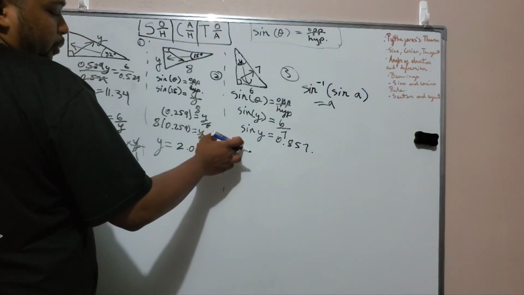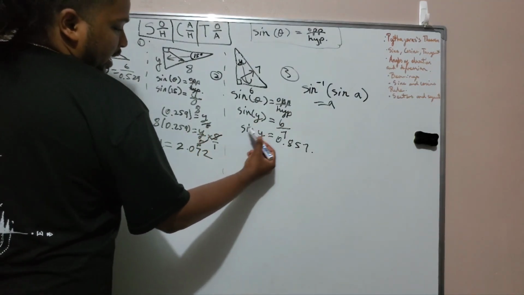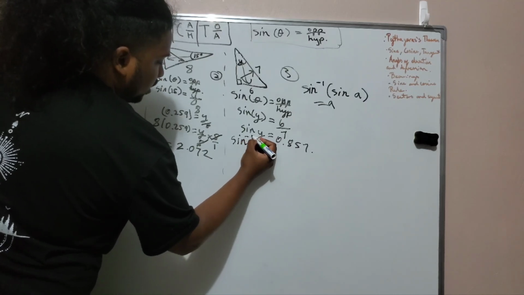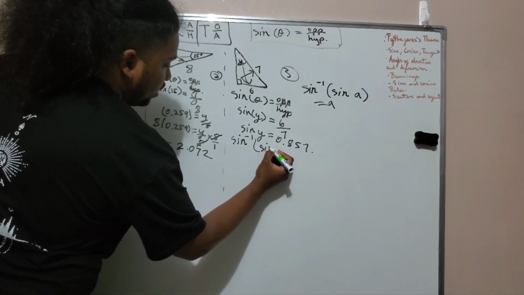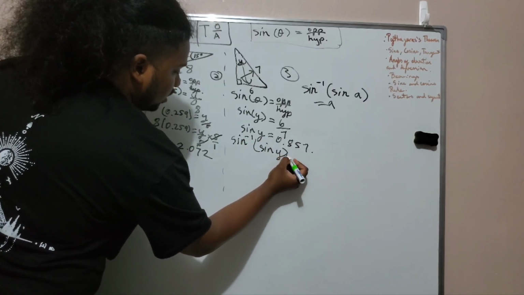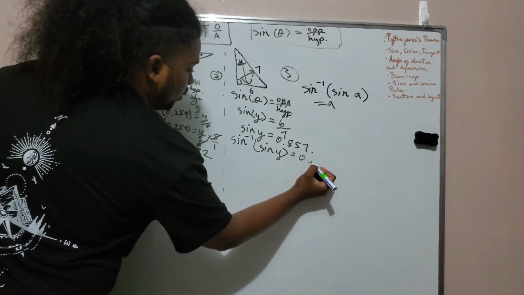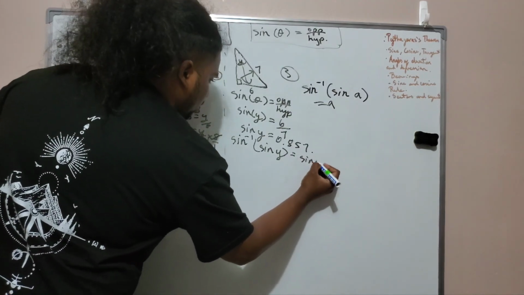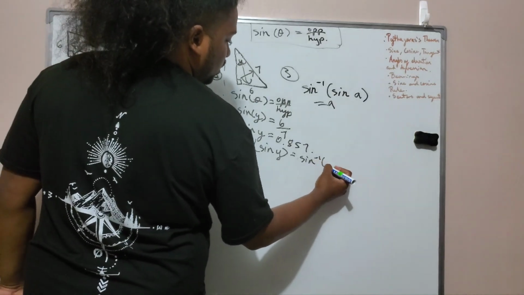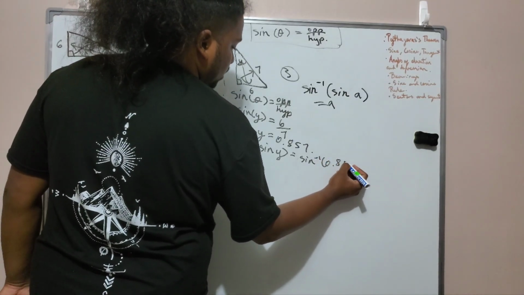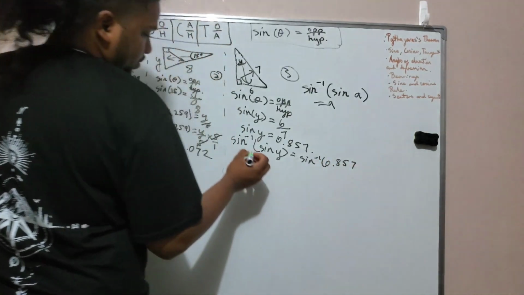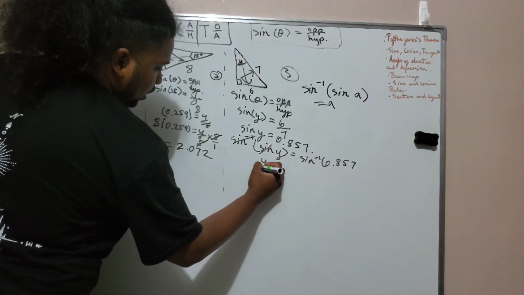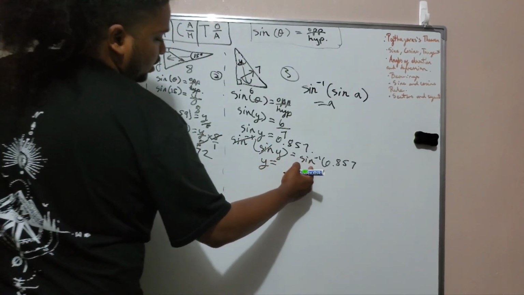Let me apply this. Apply sine inverse to both sides of the equation: sine inverse of sine y is equal to sine inverse of 0.857. Sine inverse cancels with the sine, so you're left with y equal to this.